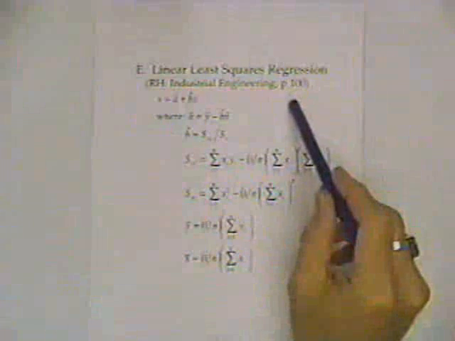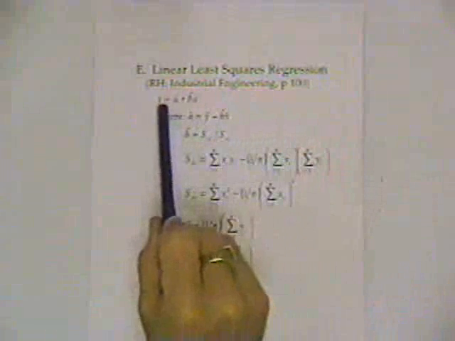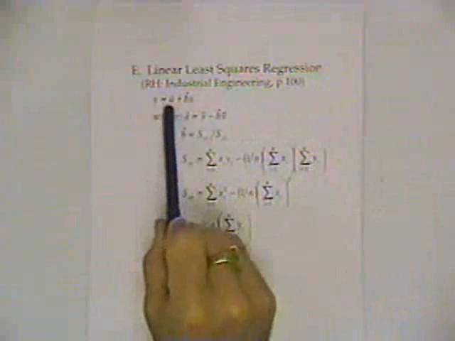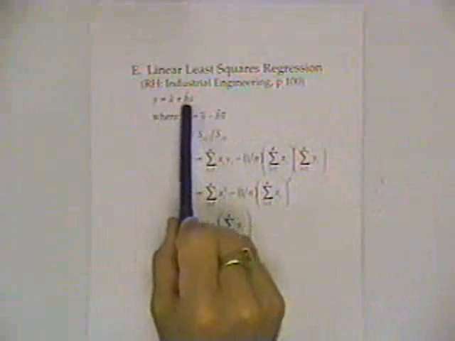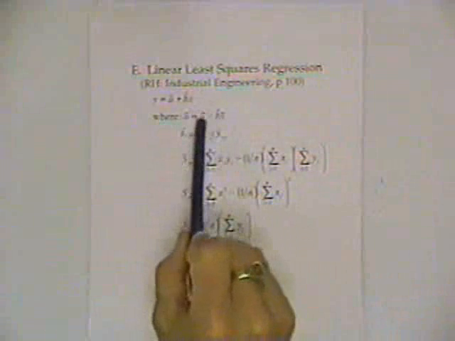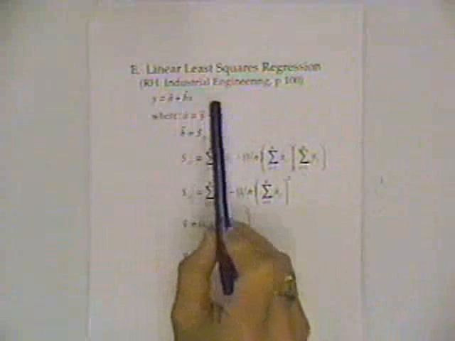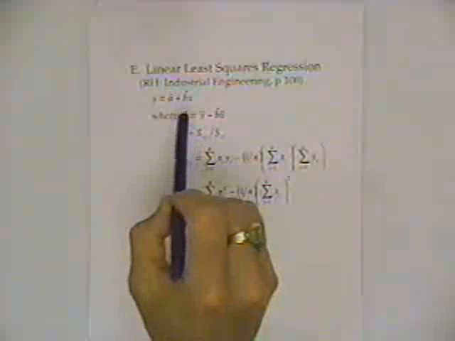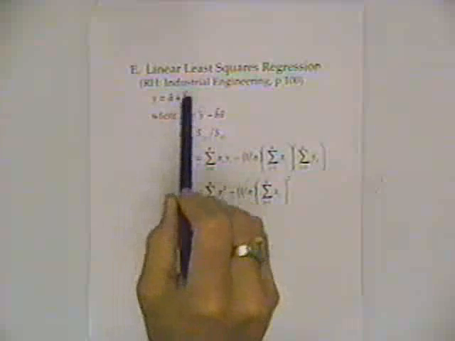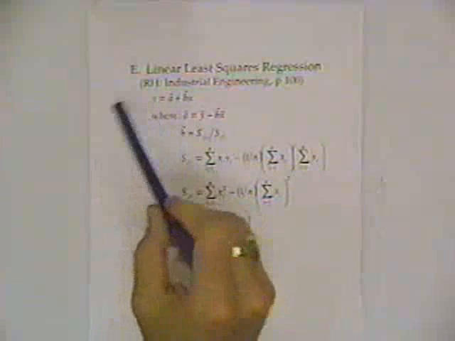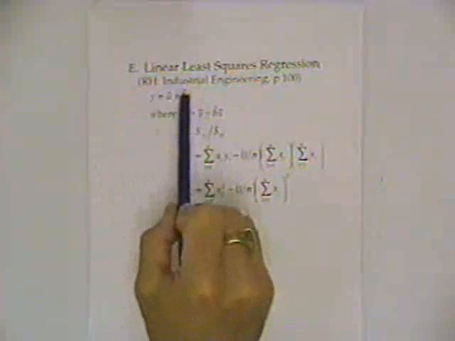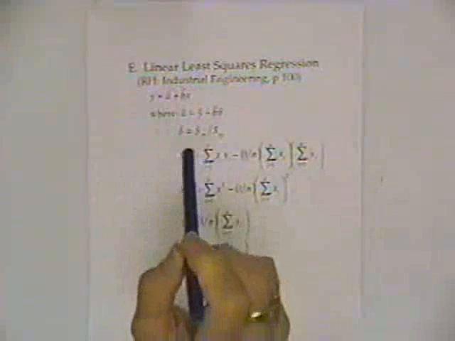But in there, the problem is specified as finding a linear equation of the form y is equal to a hat plus b hat x, where a and b are unknown coefficients at the start. So the job is to find the coefficients given the values of the variables. In other words, normally, you have x and y as unknowns and a and b are things you know.